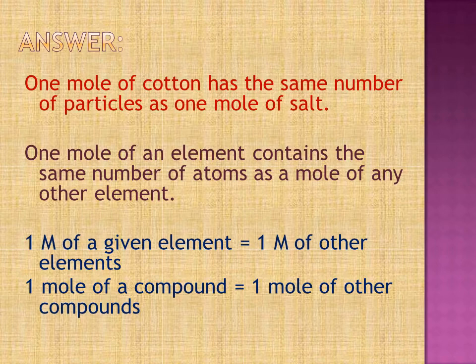As I discussed for elements and molecules, 1 mole of hydrogen is 6.022 into 10 to the power 23 atoms, and for water also it is the same. So 1 mole of a given element equals 1 mole of another element, and 1 mole of a compound equals 1 mole of another compound.